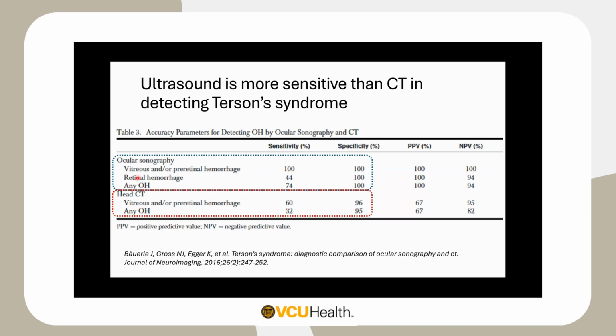It's retinal hemorrhages where the sensitivity dropped, but the overall sensitivity is 74%, which is good. Positive predictive value, 100%, negative predictive value, 94%. So pretty good numbers for ultrasonography, but not the same with CT scans.